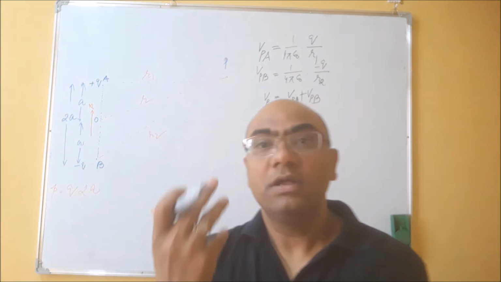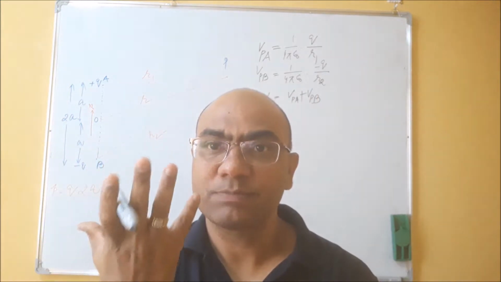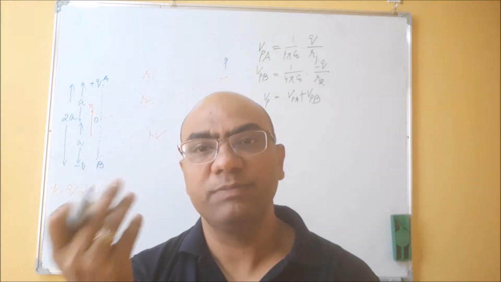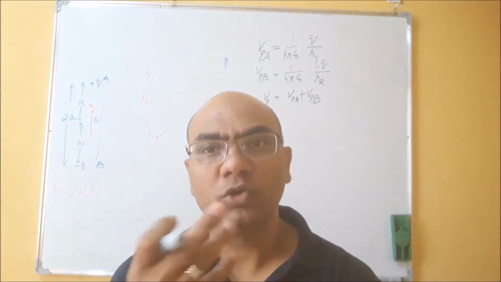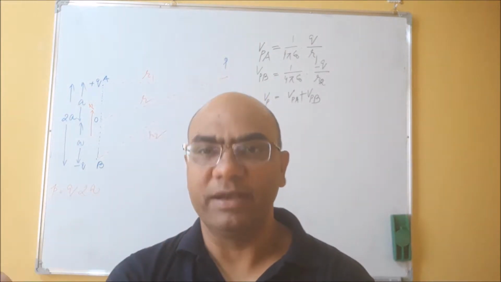Why? Because potential is a scalar quantity and we have two potentials at point P, one is V_PA, second is V_PB. If we want to know the total value of potential at point P, we will simply add them.